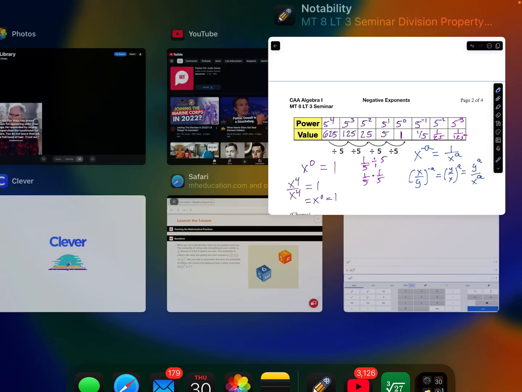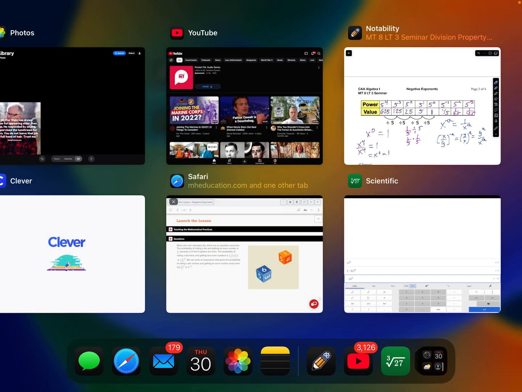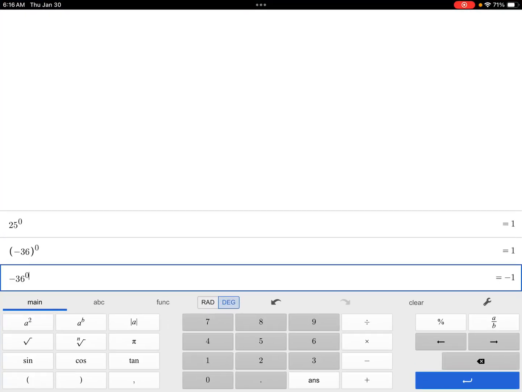And once again, we can show you this on our calculator. If I take, let's use a number I'm used to seeing, 2, and I raise that to a negative 1 power, that's the reciprocal of 2, which is 1/2. Notice if I take 1/2 and raise that to the negative 1 power, I will get 2, the reciprocal of 1/2.